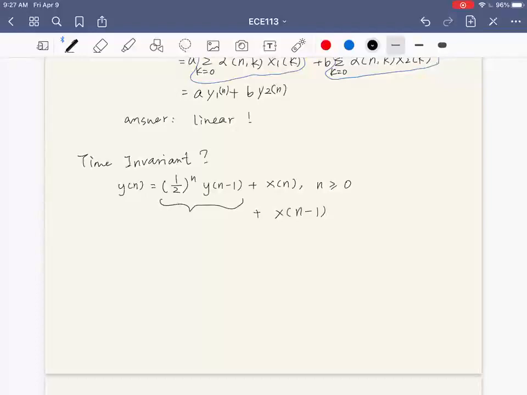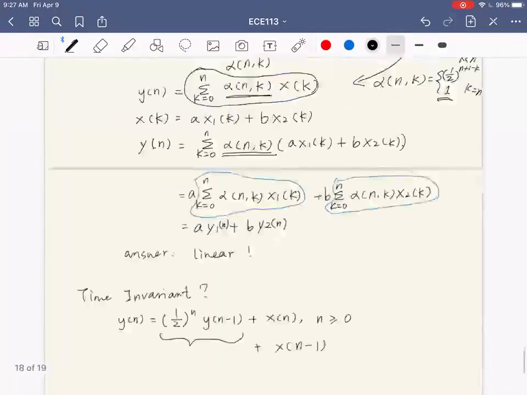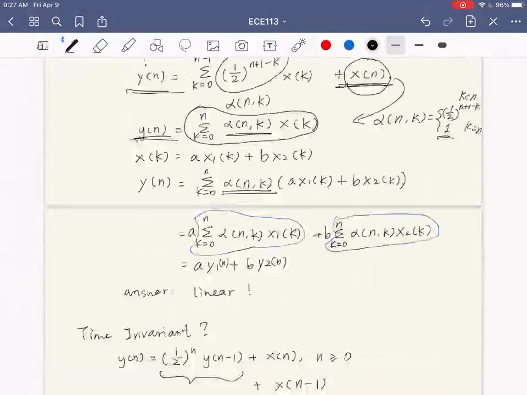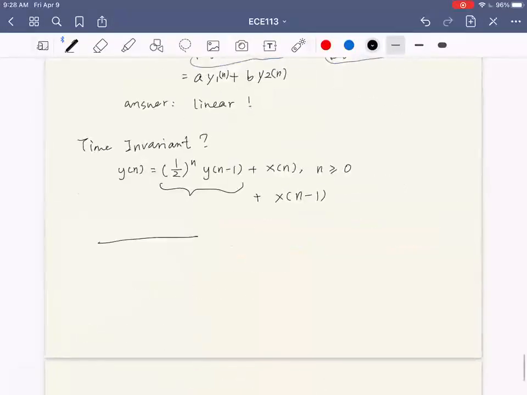Yeah, so things become complicated in this case. From our previous question, we know that the expression of y of n is equal to this, right? If the input shifts, all the x of k will shift as well. Why? Because originally we have x of n like this.